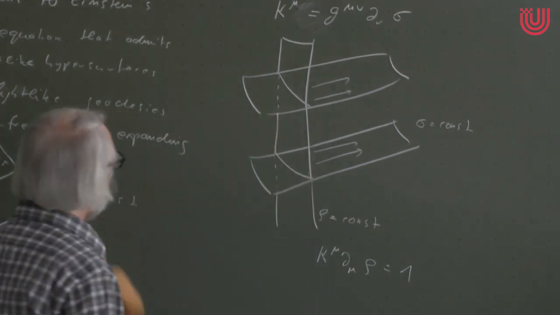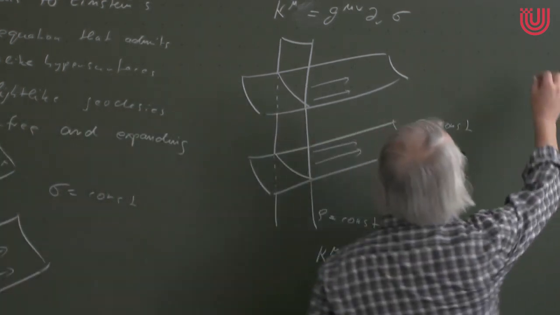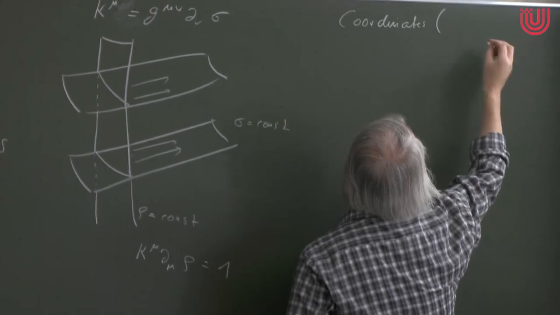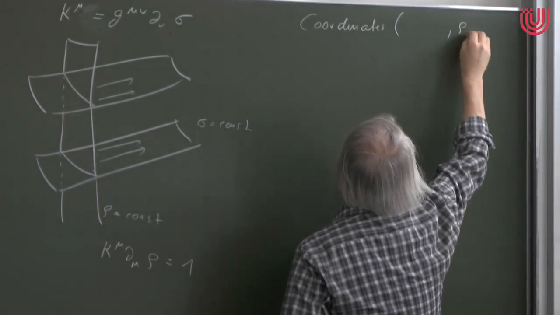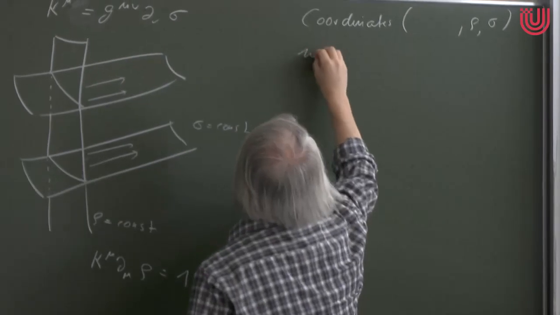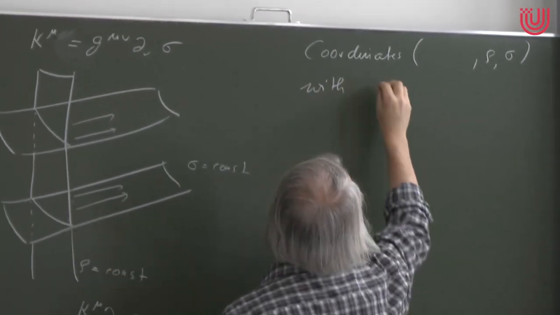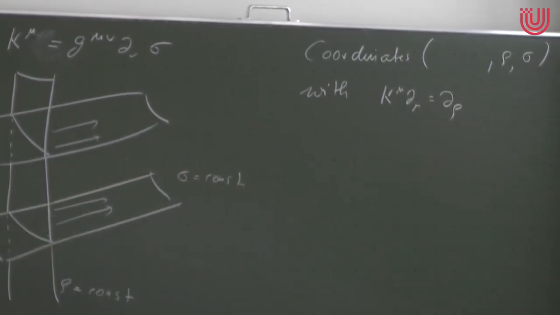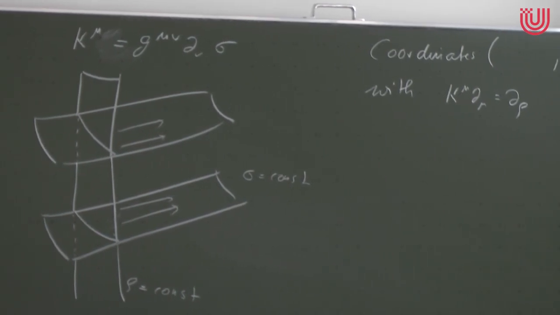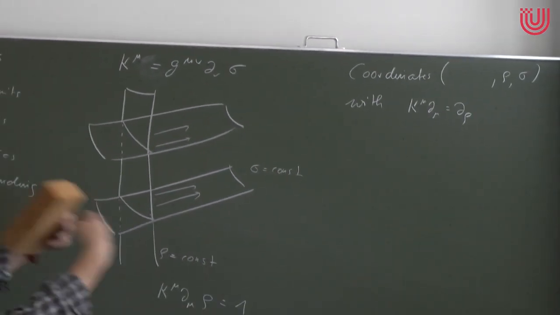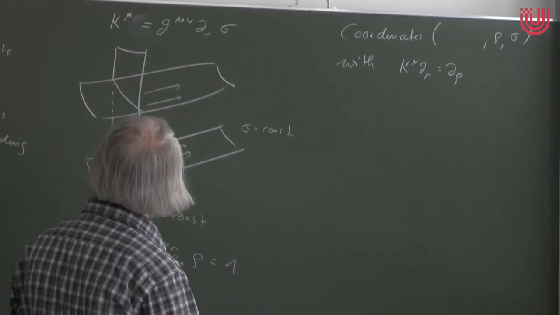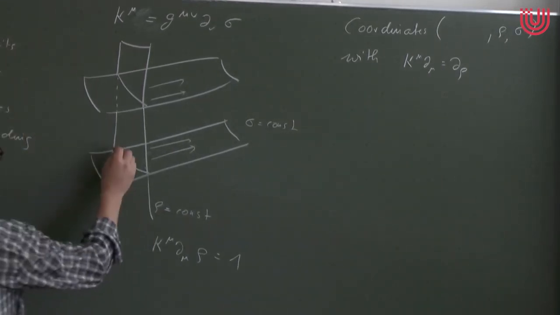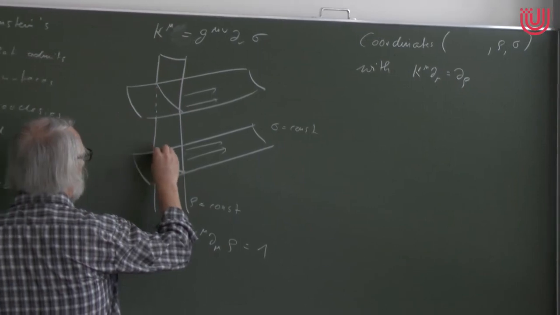So we have now coordinates sigma and rho. Two are missing. And by construction, I have K mu d mu is just d by d rho. It's constructed in this way that the vector field K mu transforms the surfaces rho equal constant into each other. So what is still missing to make this a coordinate system is I have to introduce two coordinates on these intersections.